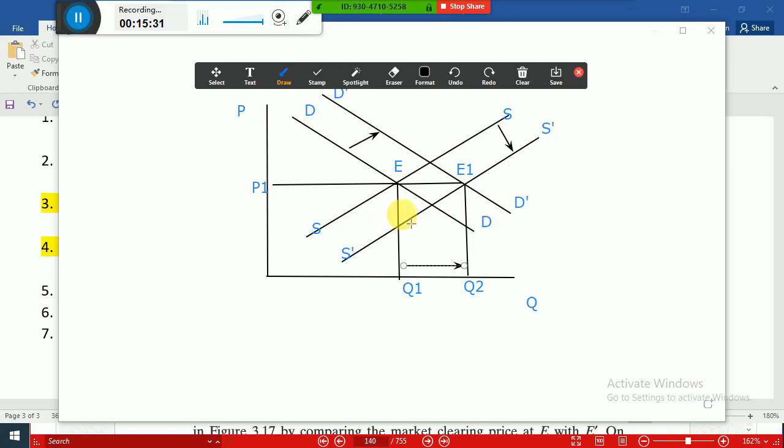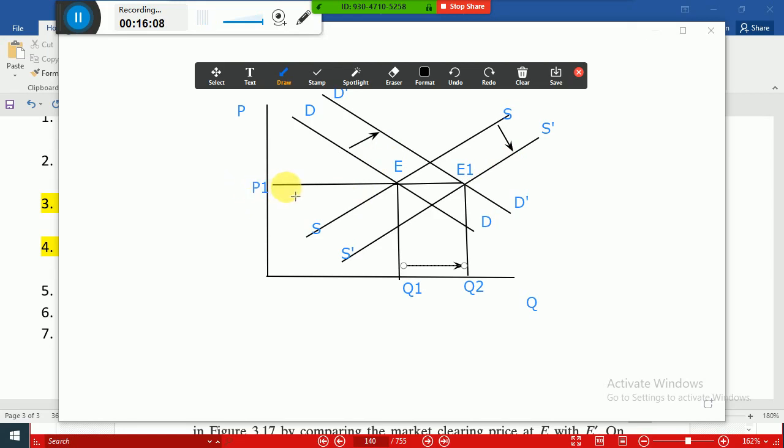This is the case when both demand and supply increase equally. The rate of increase in both demand and supply is equal. This may not be the case always. Sometimes demand and supply both increase but at different rates. For example, demand increases 50% but supply increases by 80%, 100%, more than 100%. In that case, the shift in supply and demand curves will not be equal, and price will not remain the same.